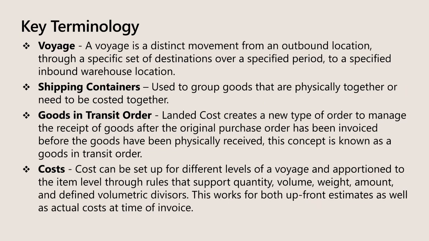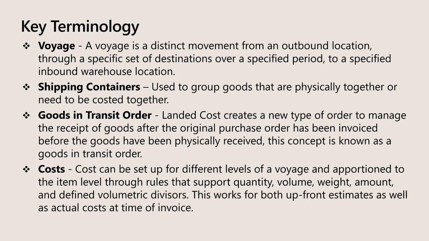Next point here that I mentioned on the previous slide is what we call those goods in transit orders. So that's a new type of order in the system, as I mentioned. So now as you place or as you invoice those purchase orders, before you physically have them, if you need to take ownership anywhere along the lines, again, depending on your delivery terms or your Inco terms, you could take ownership anywhere along that transit, the story that I showed earlier.